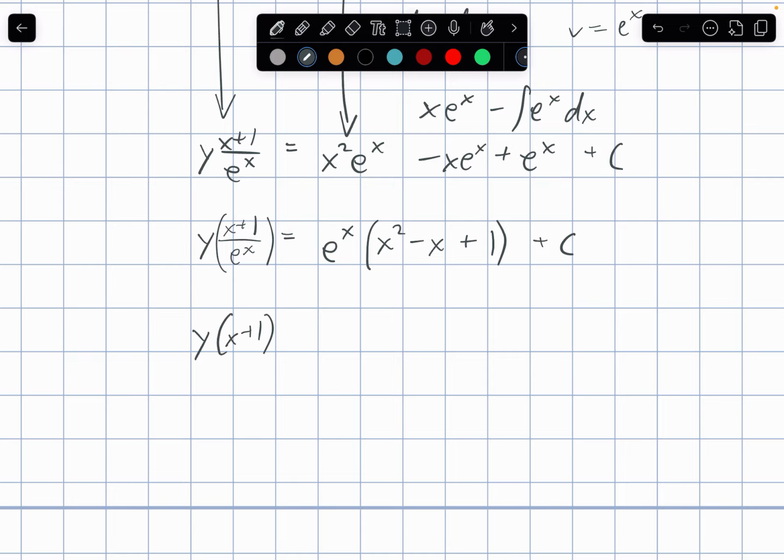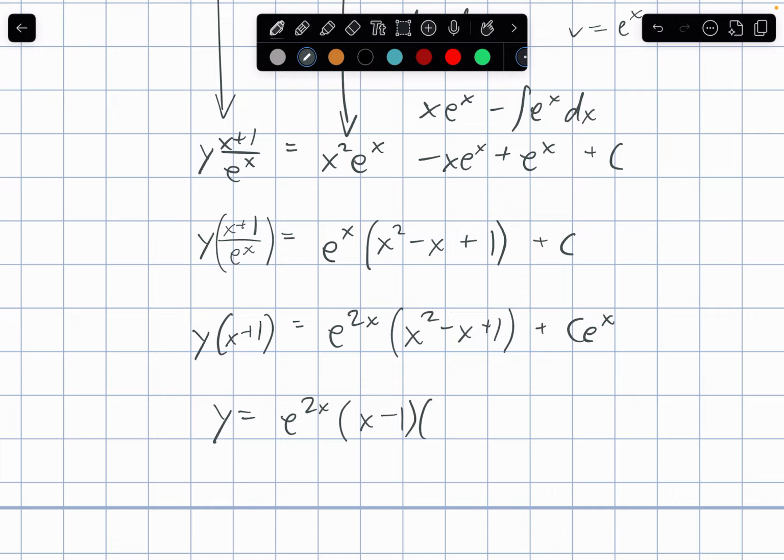Anyways, so multiply both sides by e raised to x. That becomes e raised to x plus x, that's e raised to 2x. Don't forget c. c e raised to x. y is equal to... Can we factor this?